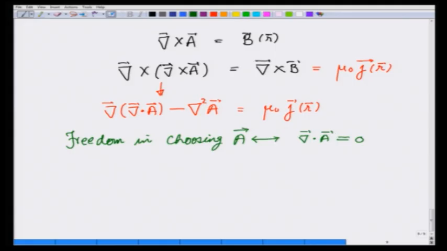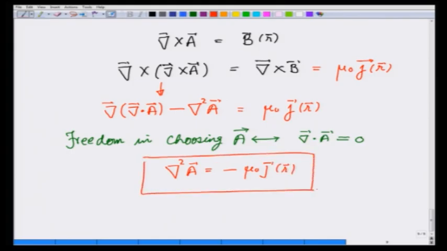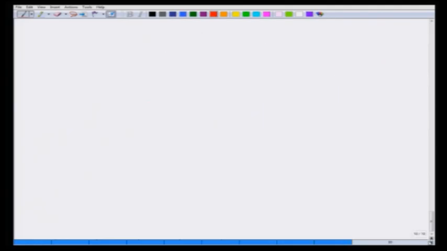All right, if I do that, then I am left with the equation Laplacian of A is equal to minus mu naught J(r). That is the equation, Poisson's equation for vector field, if you like. Let us understand what it means.